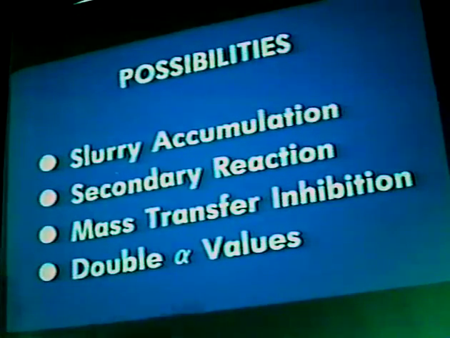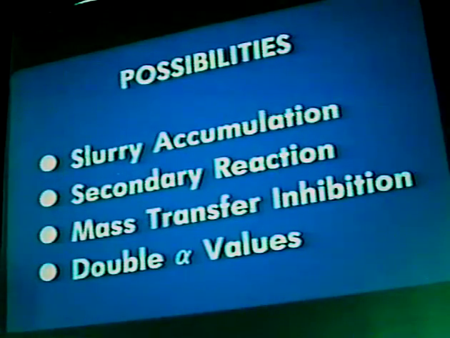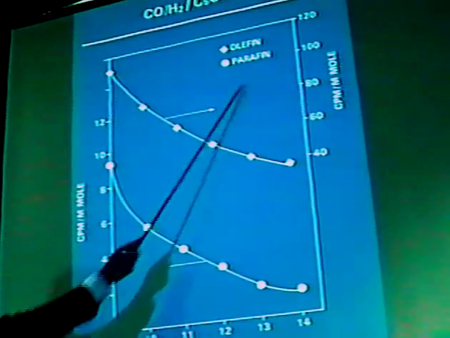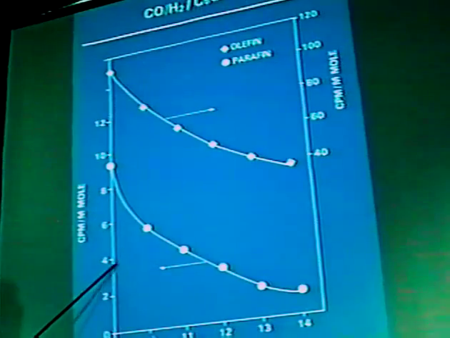The mass transfer problem: yes, we probably do have mass transfer limitations. I'm not going to argue this, but you don't expect paraffin and olefin with the same carbon number to have such different mass transfer coefficients. See, olefin is much higher; olefin is on this side, paraffin is on that side.